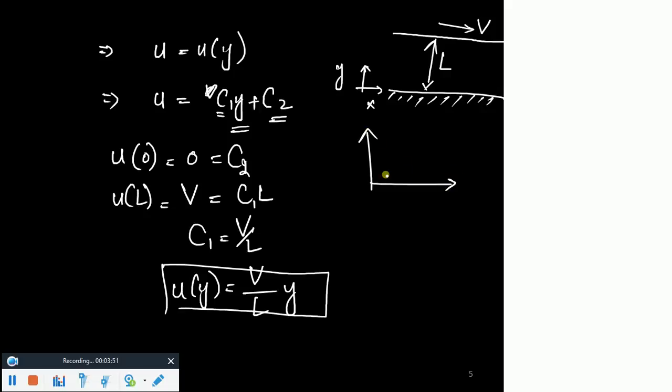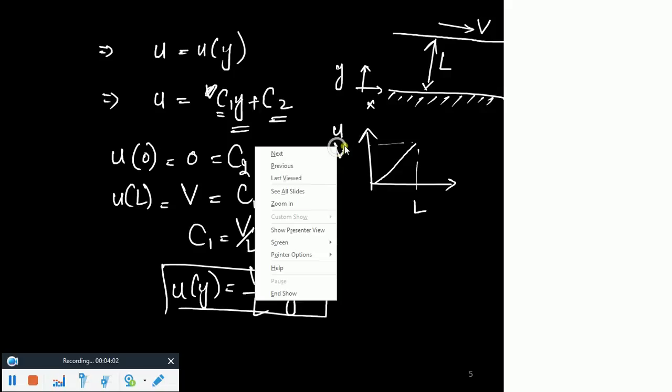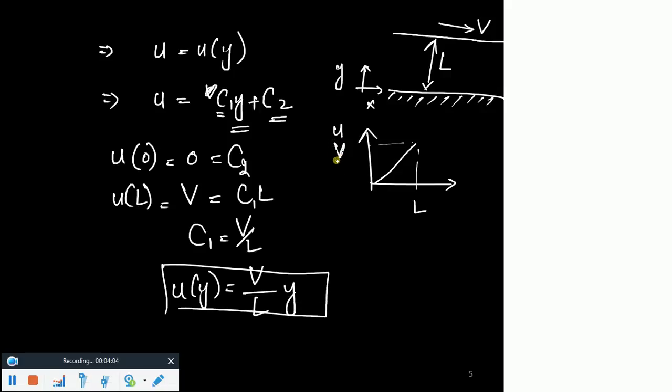If you plot it, at y equals 0 up to a length of L, you would have u equals V. This is how it goes, and the slope of this line is defined by V by L. Similarly, if those plates are in relative motion, you can just adjust the velocities and find out the coefficients.